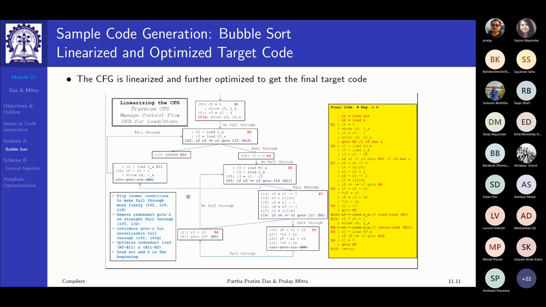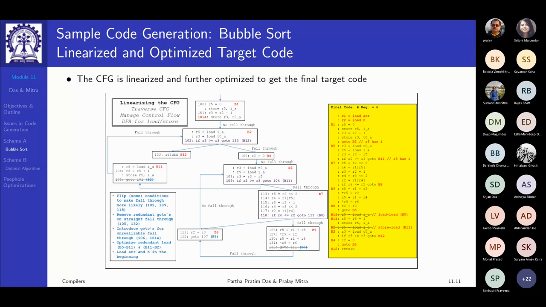So certain ones, 102, 109, and 118, have been flipped in that way. So based on that, I can now linearize the code. This is a change prior to your actual linearization process.